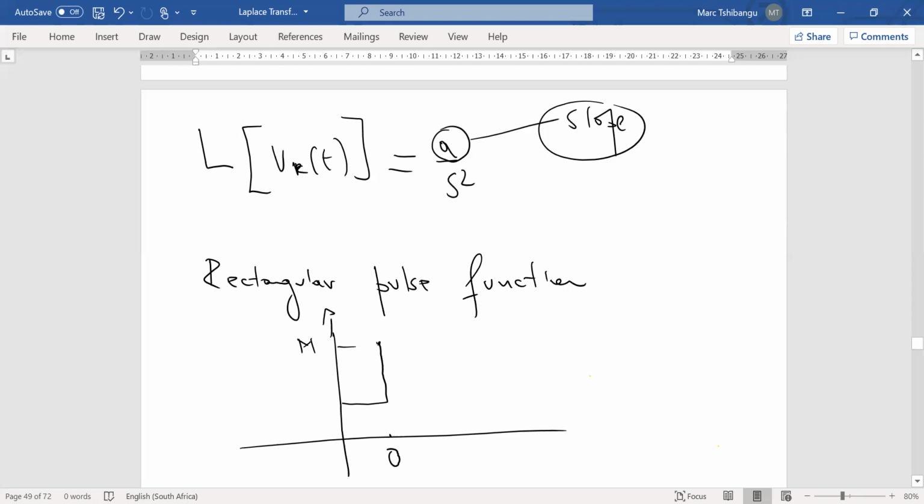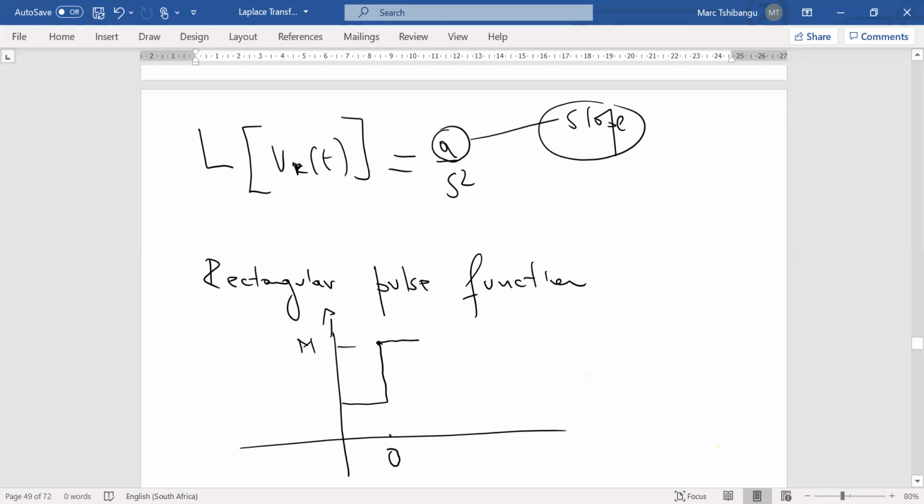A typical example is when you have a steam valve: you open it until a desired value has been reached.